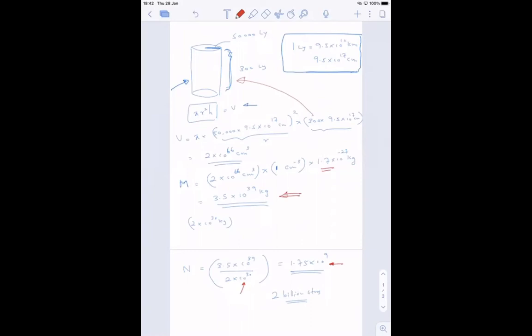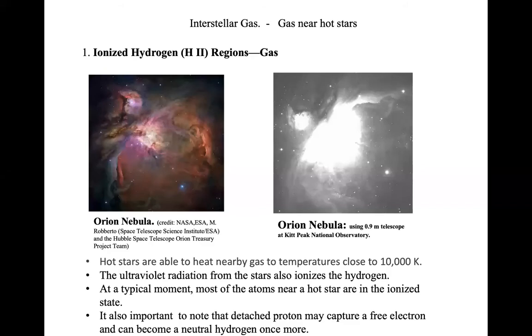That's about interstellar matter. Now let's look at this particular image. This is how the gas looks near hot stars, and this image is from the Orion Nebula. I put these two pictures just to give you an idea. The Orion Nebula on the left-hand side is, I guess, from the Hubble Space Telescope.